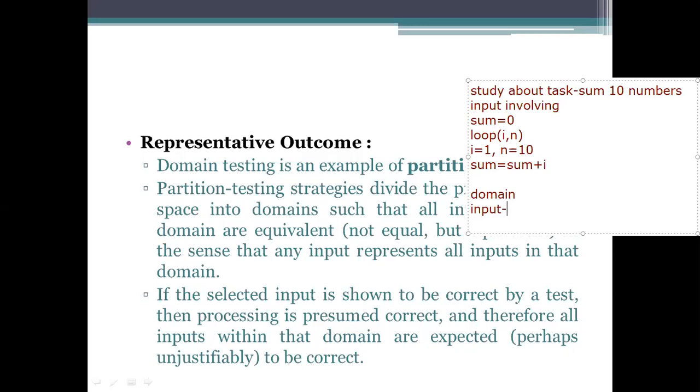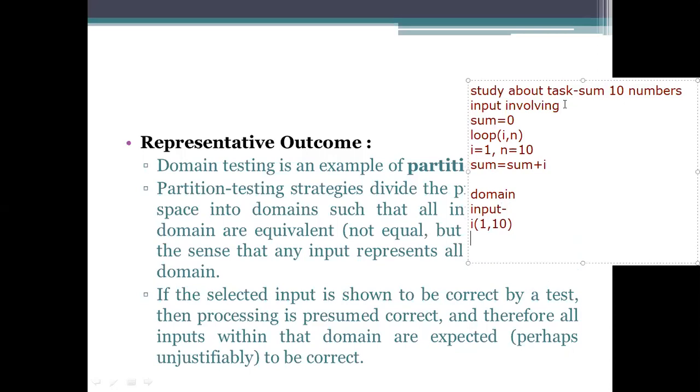We need to provide the domain for the inputs only. The input i starts from 1 and ends at 10. Coming to the next one, the n value is 10, and the domain of n starts from 1 and goes to 10. From 1 to 10, I am reading this one.